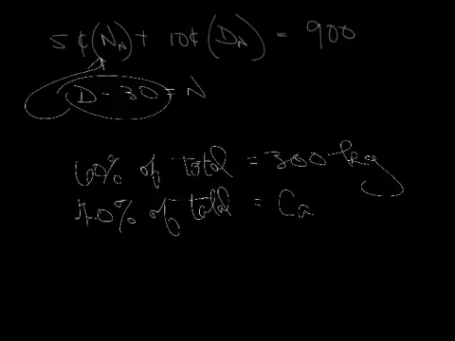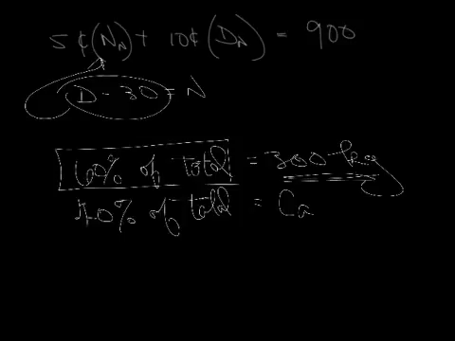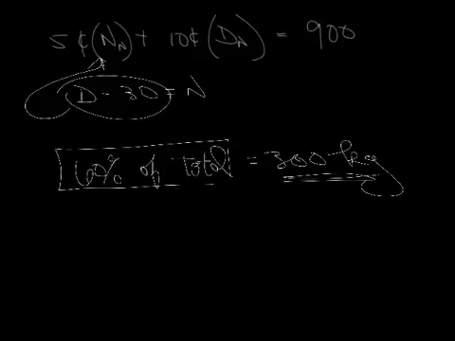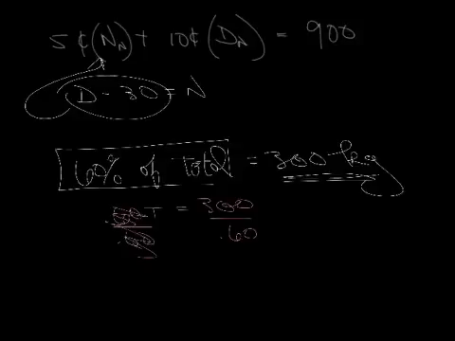So what was the total weight of the mixture? Well, you're going to take 60% of the total, and that will give you 300, so you do the math here, because total is what we're looking for, right? 0.60 of the total equals 300. Divide by 0.6, divide by 0.6, and your total then would be 300 divided by 0.6.